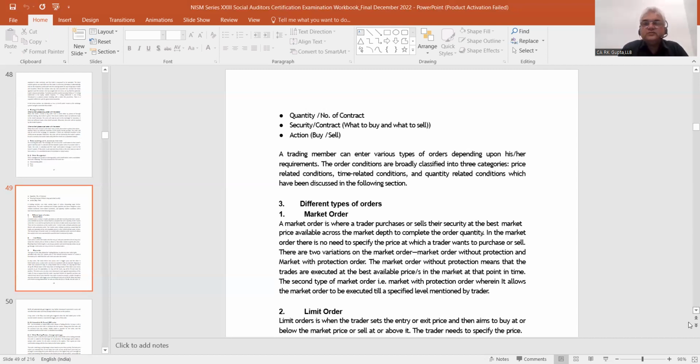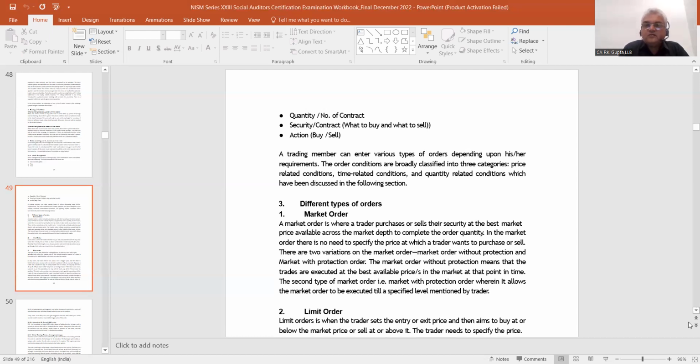All these conditions could be specified. Then there could be time related conditions, that you execute it immediately, or you can get it executed as and when the opportunity comes. And then there could be quantity related conditions. I want to buy this much stock, but at this price only. So some quantity may be available at a lower price and some quantity may be available at a higher price. So all these things have to be seen.